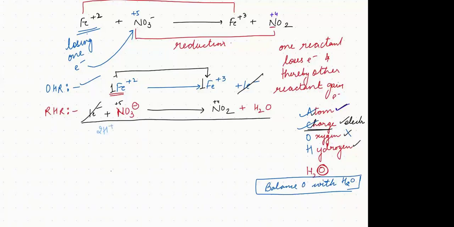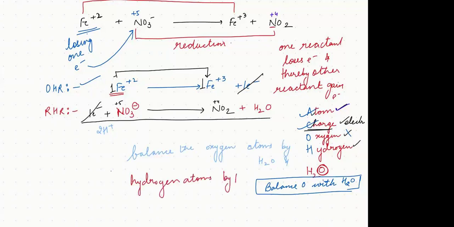So what is the rule to balance in the acidic medium? Balance the oxygen atoms by water and hydrogen atoms by H plus ions.